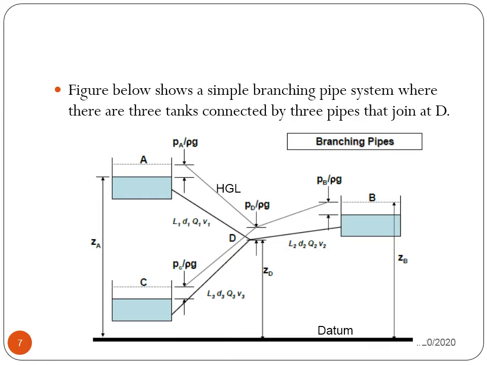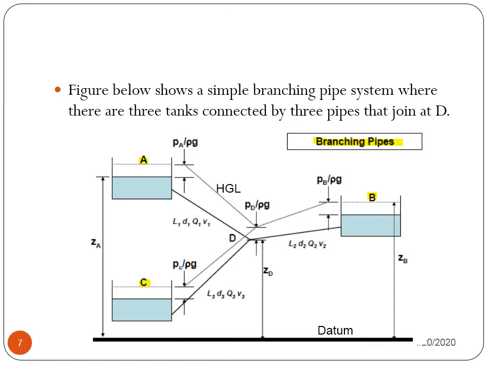This is the typical figure showing a simple branching pipe system, where at least we have 3 tanks involved, tank A, tank B, and tank C. So this is under the topic of branching of pipes, with 3 or more pipes involved.